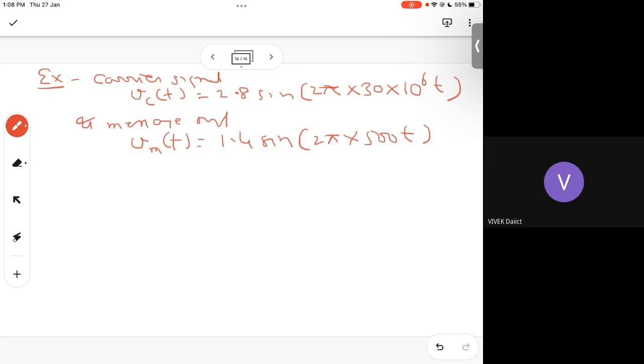We have to determine the modulation index and the percent modulation.